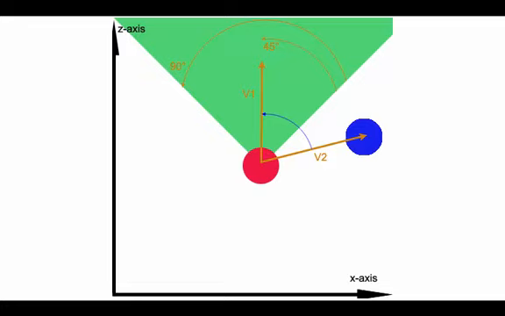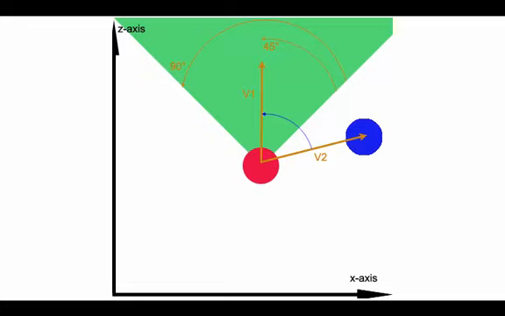So, as described on the previous diagram, and knowing that the cosine of 45 degrees is approximately 0.7, and that the cosine of minus 45 degrees is also approximately 0.7, we know that the player is in the field of view if there is an angle between V1 and V2 that is between minus 45 degrees and plus 45 degrees.